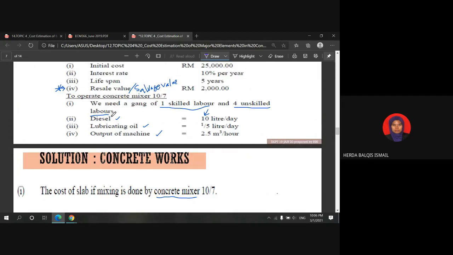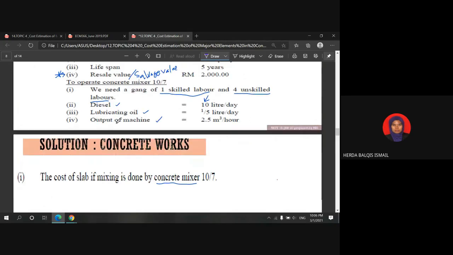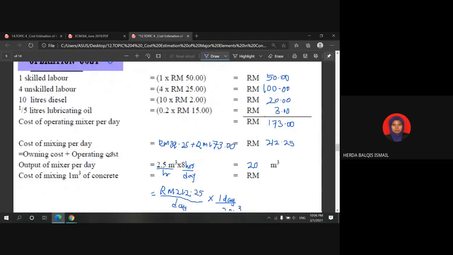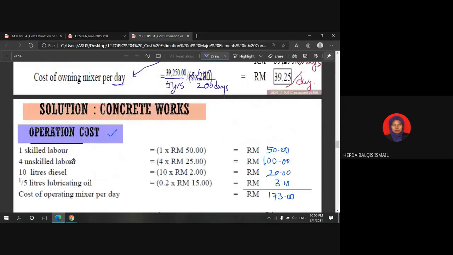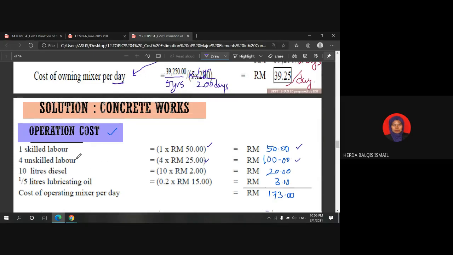So you need to calculate the labor cost. The rate for the skilled labor is 50 ringgit per day. The rate for unskilled labor is 25 ringgit per day. So you get 50 ringgit here, and you get 100 ringgit here.